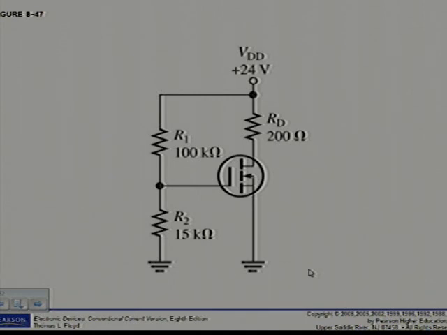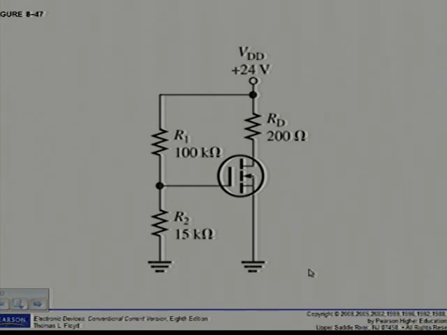To determine VDS, I first have to find K, of course, using equation 8.4 as we've seen, and using the minimum values that have been given, ID(on) and the specified voltage values. So K is ID(on) divided by (VGS minus VGS threshold) squared, and I get an answer of 50 milliamps per square volt.